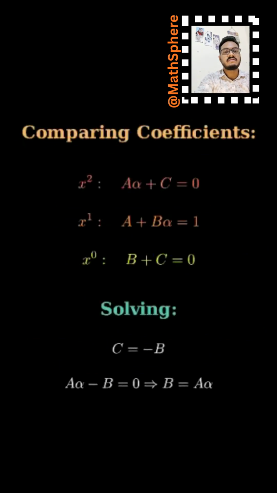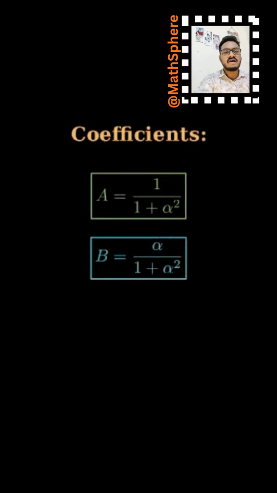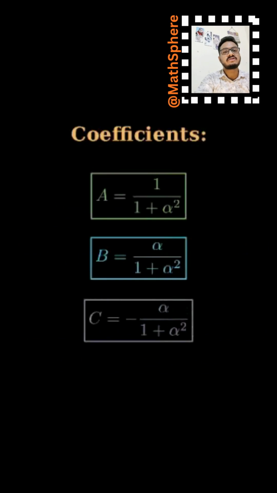And from the second equation, we get b as a times alpha. Simplifying the first expression, we get the value of a as 1 over (alpha square plus 1). The b value, which is a times alpha, will be alpha over (1 plus alpha square). And the c value, which is minus b, will be minus alpha over (1 plus alpha square).